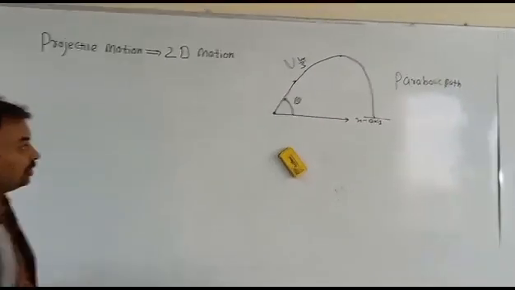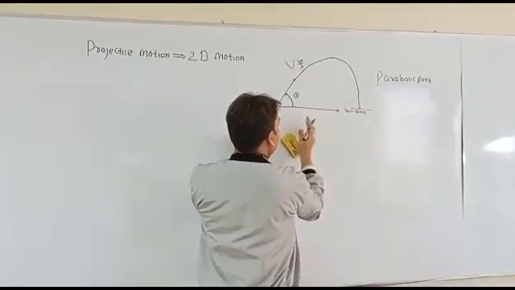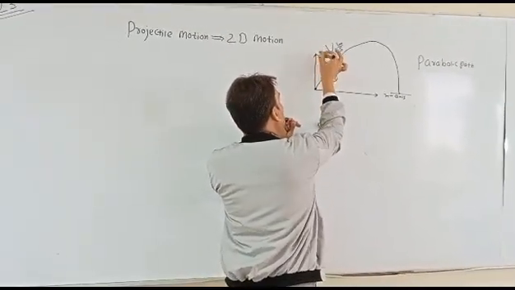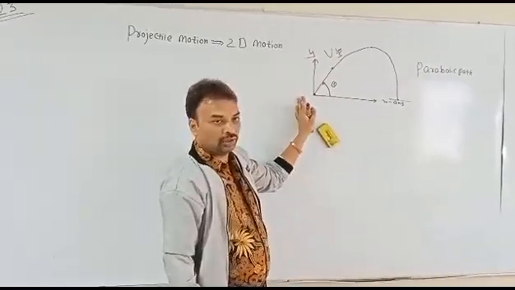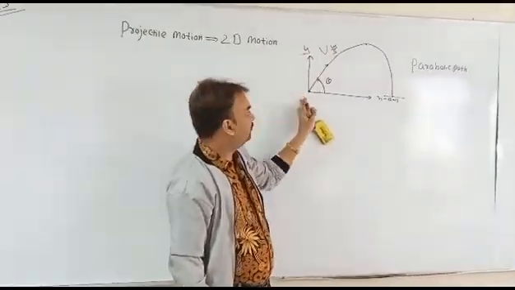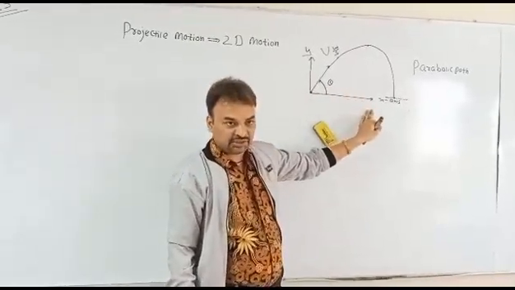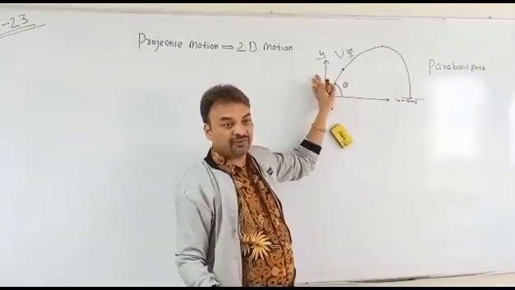How is the motion 2D? You see, it is moving along the x-axis and it is going up also, so it has a y component also. I throw some object at some angle theta with the x-axis. The x-axis is the horizontal axis, the y-axis is the vertical axis.